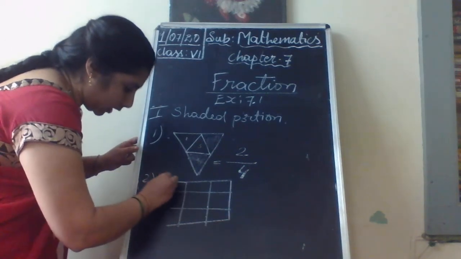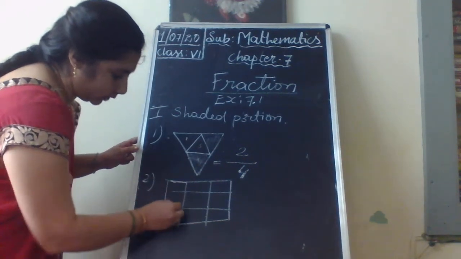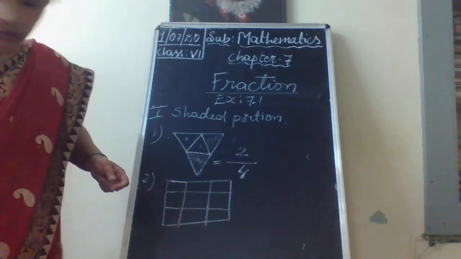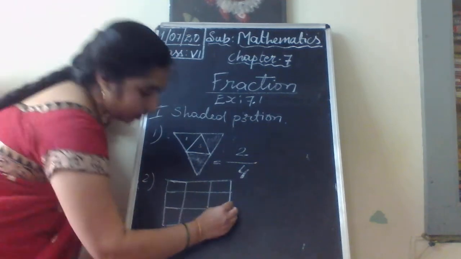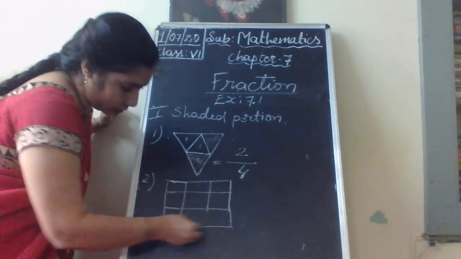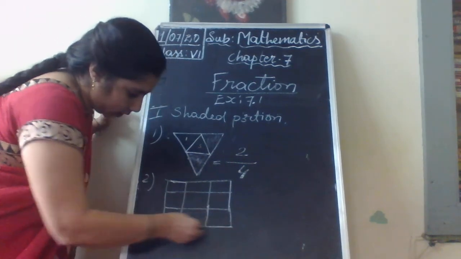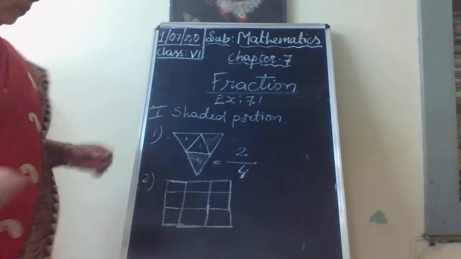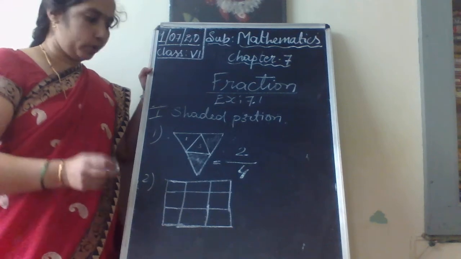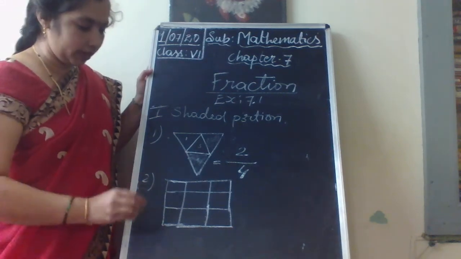The part taken out of unequal parts will not be a fraction. So always divide the whole thing into equal parts to write or name the fraction.